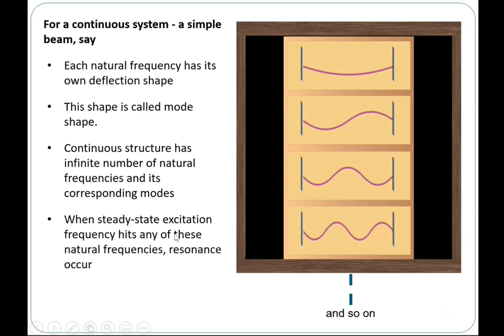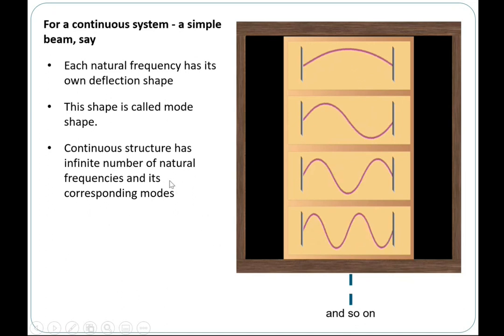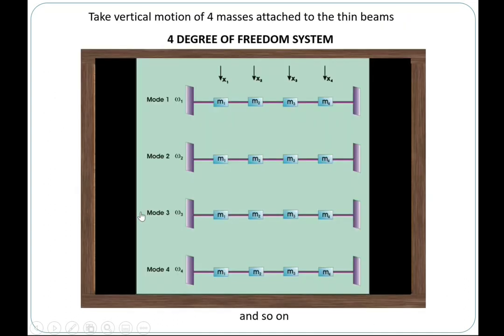So if you want to get as close as possible to a continuous system, where you have an infinite number of natural frequencies and mode shapes, then you need as high a number of degrees of freedom as possible. Although it's finite, if you have a higher degree of freedom, then you can extract more natural frequencies and their corresponding mode shapes.